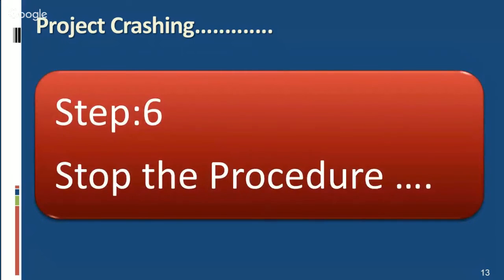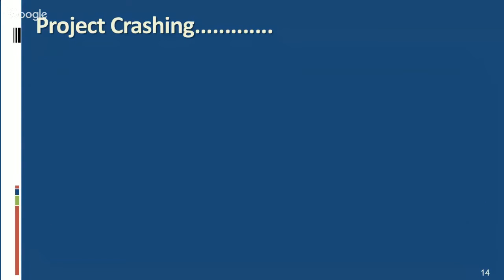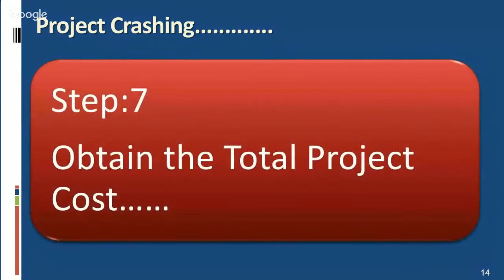Stop the procedure only when each critical activity has been crashed to its lowest possible time. Step 7. Obtain total project cost. Total project cost is direct cost as well as indirect cost corresponding to different project durations.